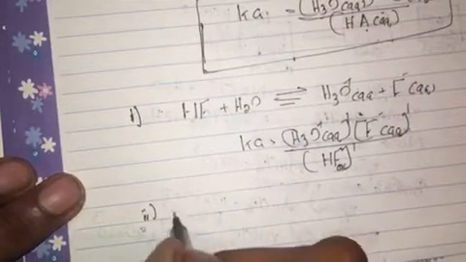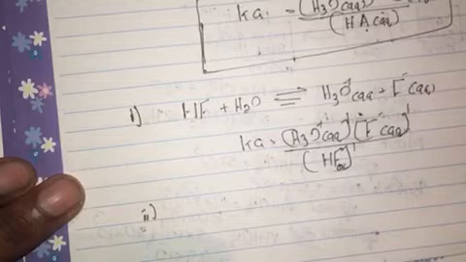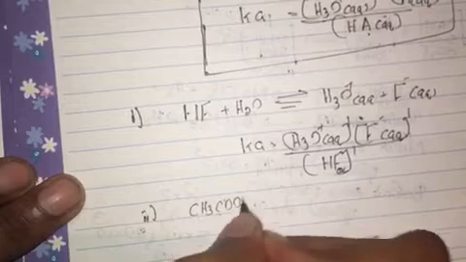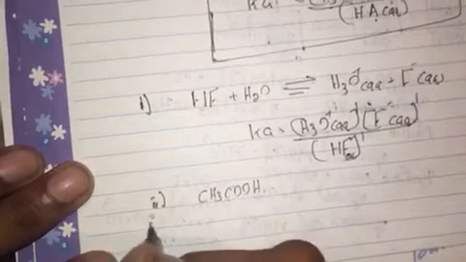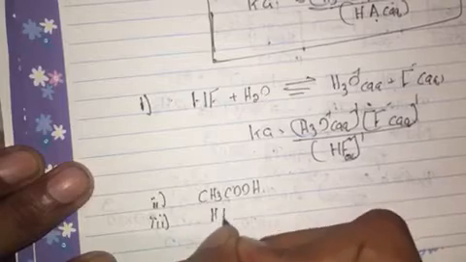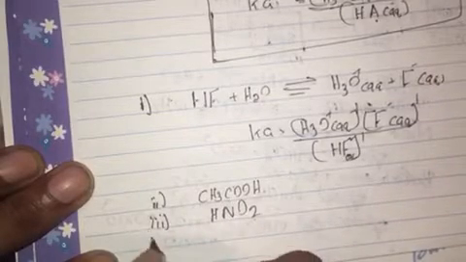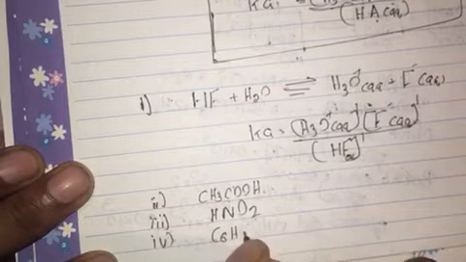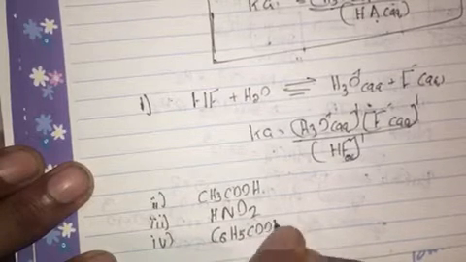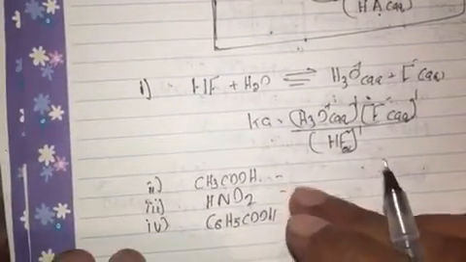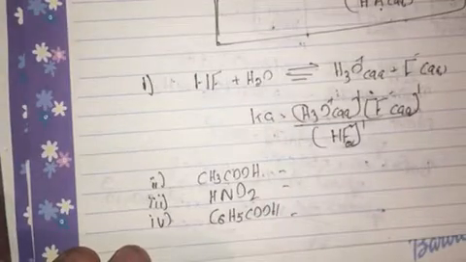Write this Ka for acetic acid, HNO2, and benzoic acid, C6H5COOH. Right?